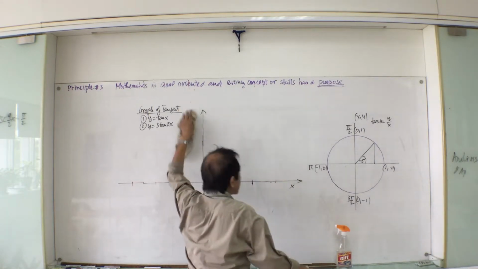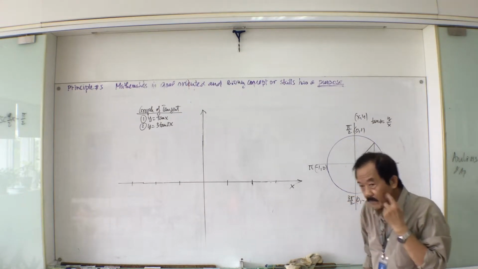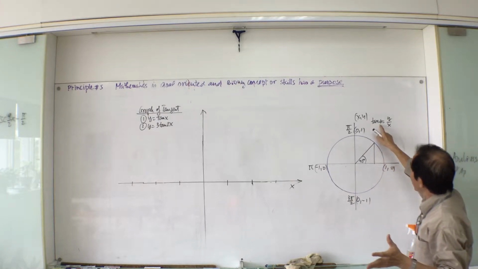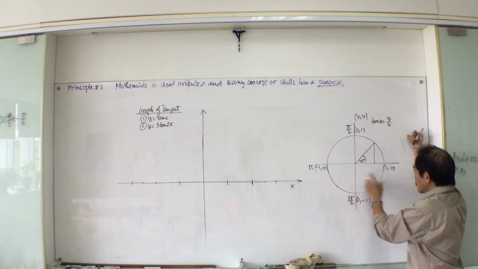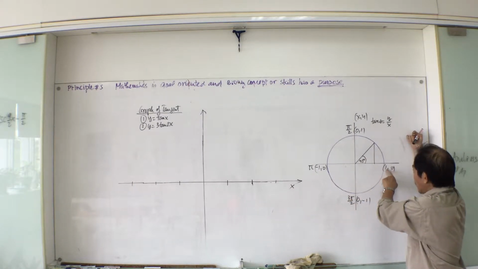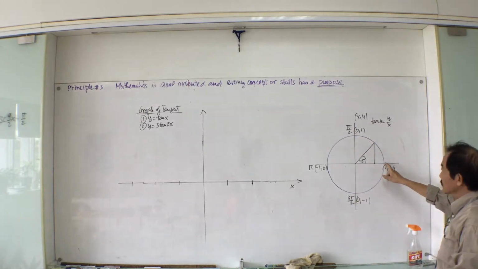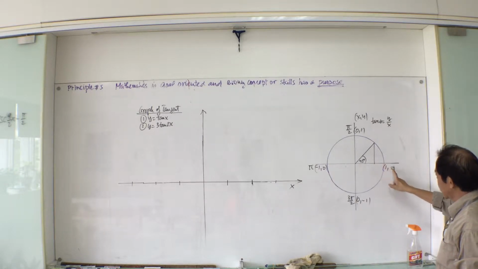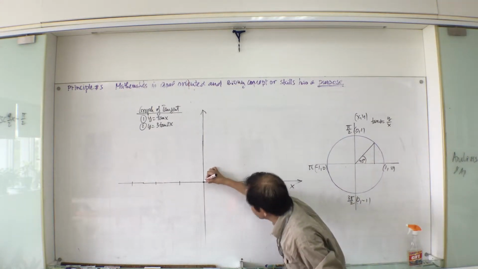Now, we go over the tangent. In general, we know that tangent theta equals y over x, right? And in the unit circle, x is cosine and y is sine. So when theta equals 0 degrees, tangent equals y over x, which is 0, so we start from 0 right here.